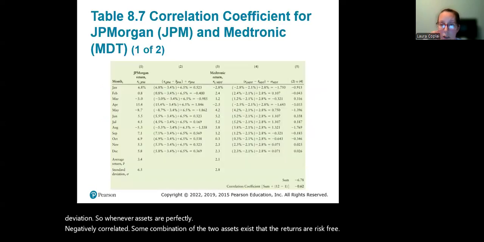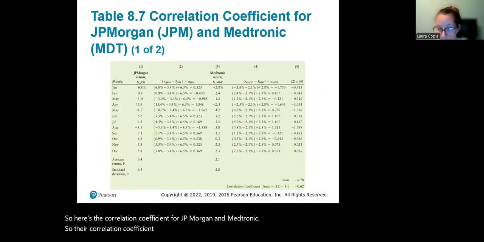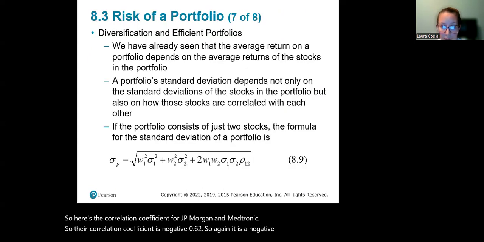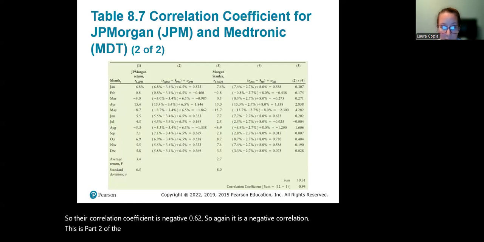So here's the correlation coefficient for JP Morgan and Medtronic. Their correlation coefficient is -0.62. Again, it is a negative correlation. This is part 2 of the table. This is JP Morgan and Morgan Stanley, where we saw that positive correlation.